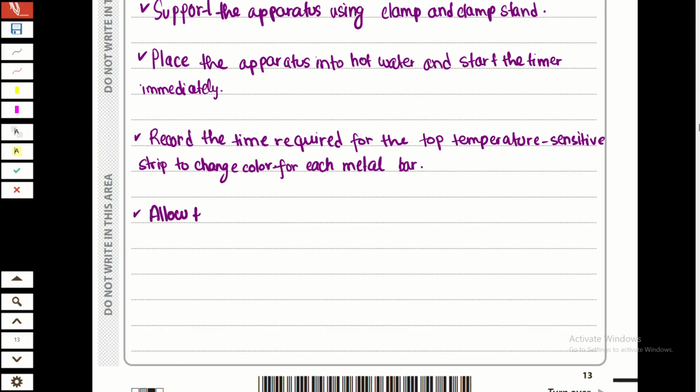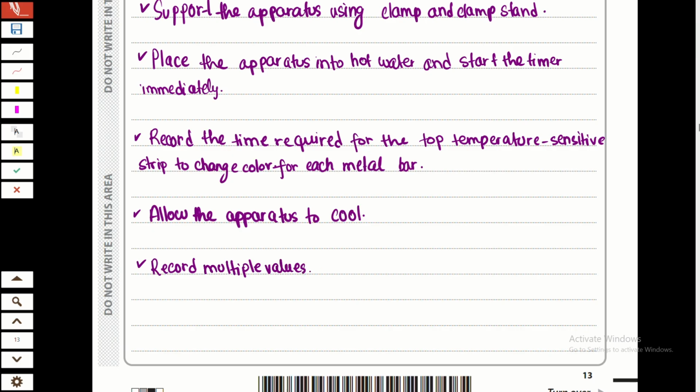So the fourth point would be allow the apparatus to cool, so that the apparatus reaches the initial temperature again, which is basically the room temperature. Then we will be recording multiple values of time.